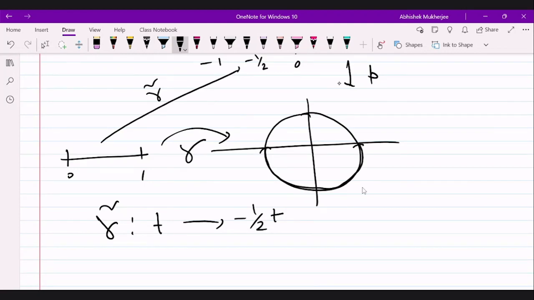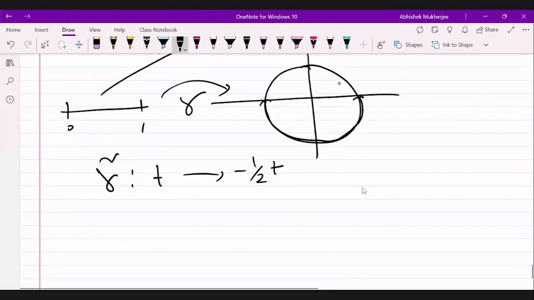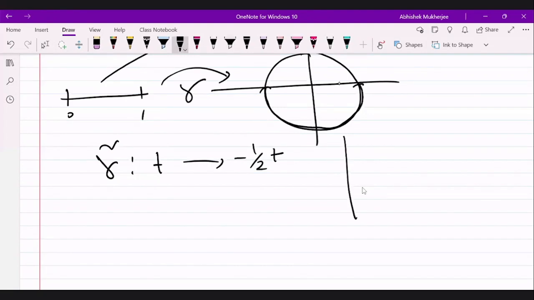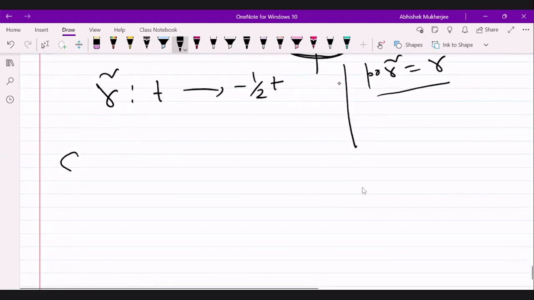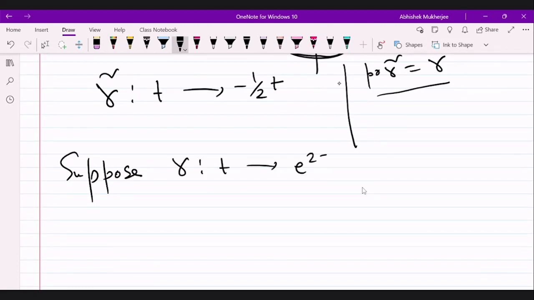Great. And also this will be satisfying p compose gamma tilde is gamma. You can check. So that means this is a very nice condition. So you can generate that lifting using this relation. How? Suppose you take the path gamma, t goes to e to the power 2 pi i t.